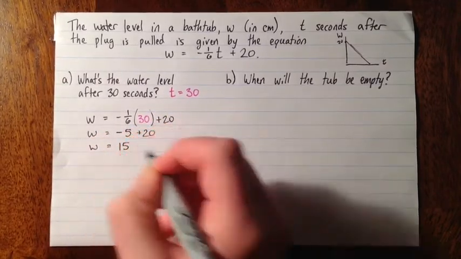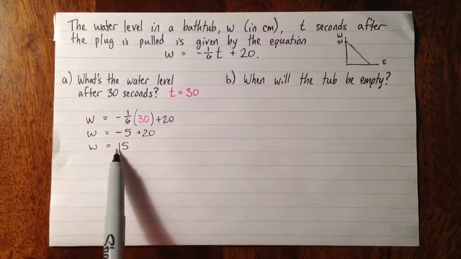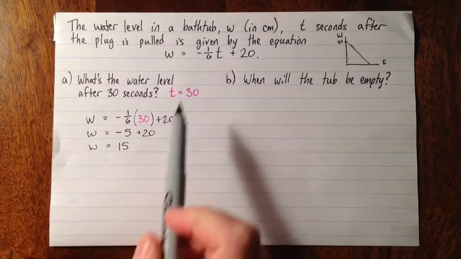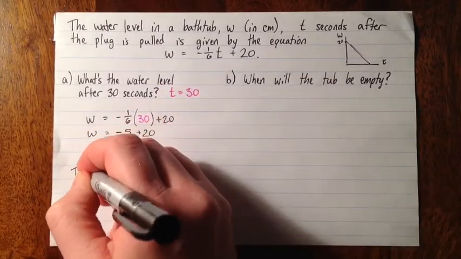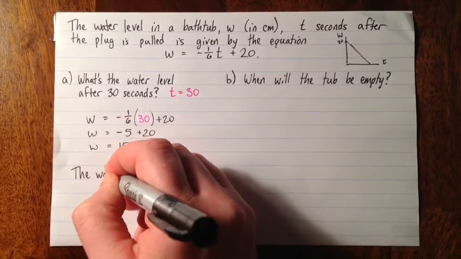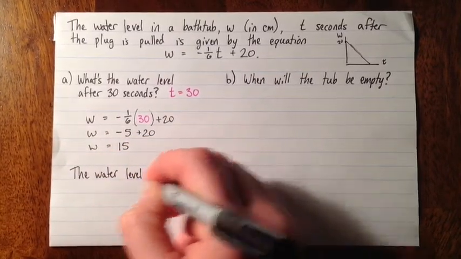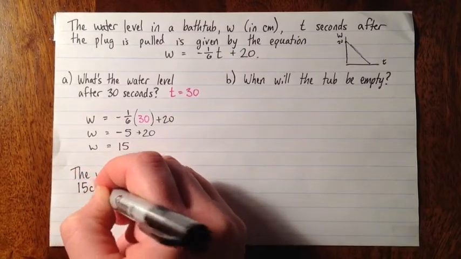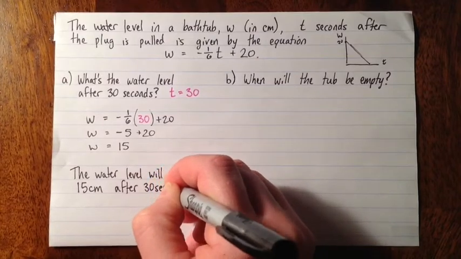We've got W equals 15. So what that tells us is the water level is 15 centimeters after 30 seconds.